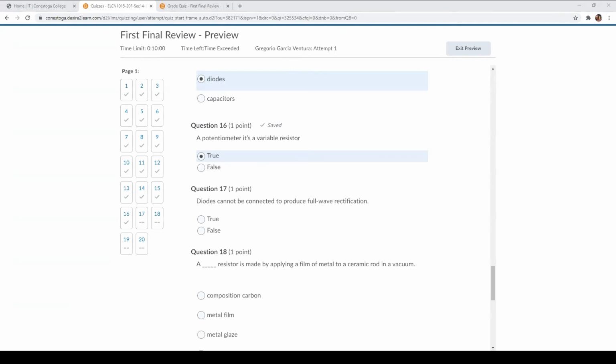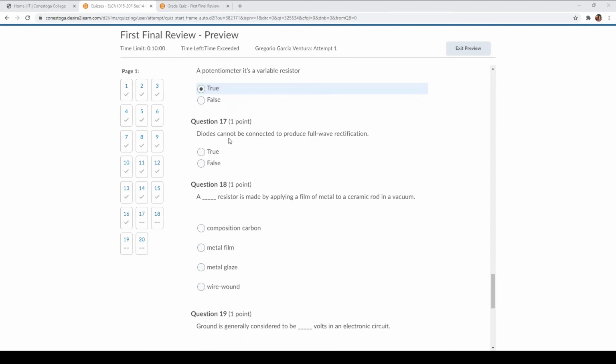Okay, I just have to remind you that a potentiometer has 3 leads, 3 terminals, and it is used for low current applications, while rheostats could have 3 terminals, but usually they have 2, and are basically used for high current applications. Okay, so let's keep moving.